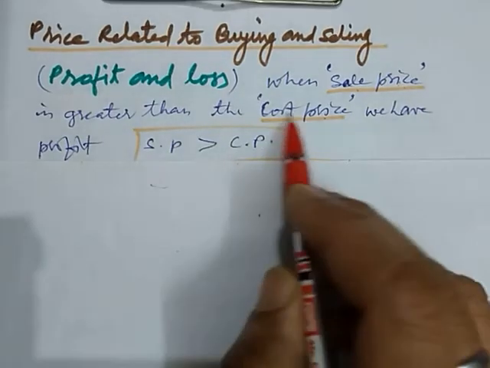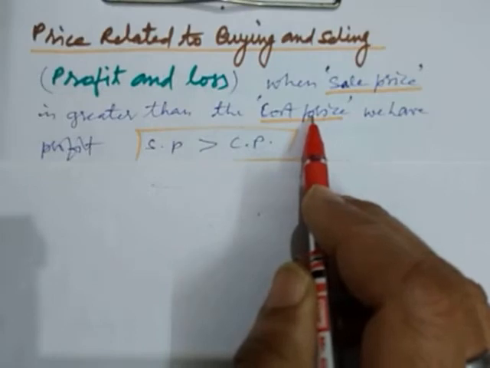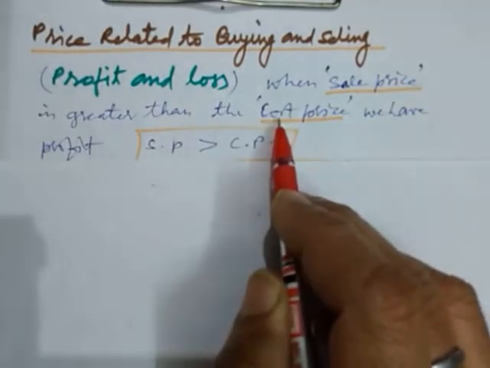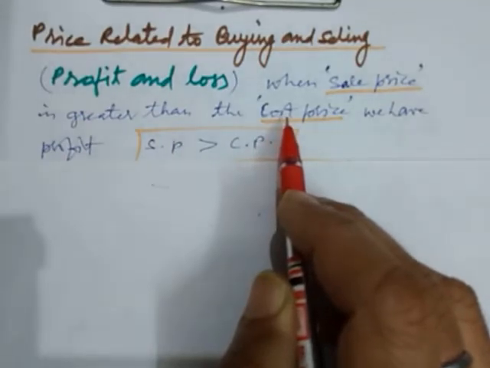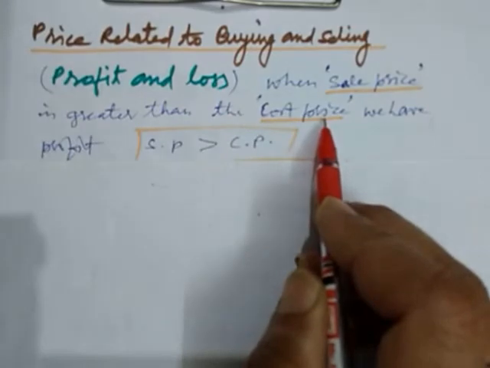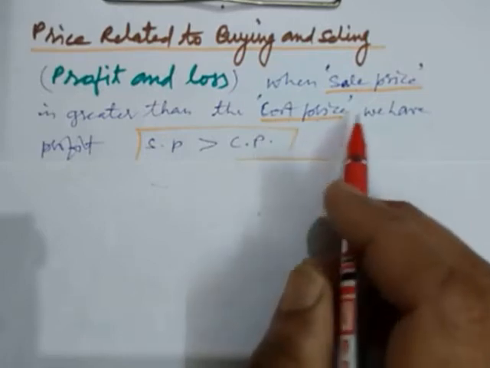Cost price is the price at which a seller buys it. It also includes some expenditure done by the seller.